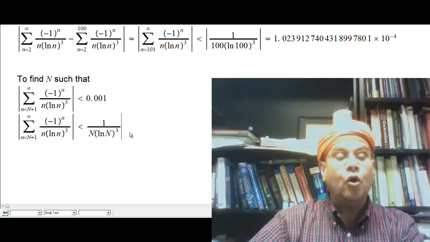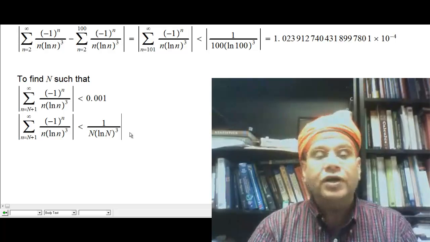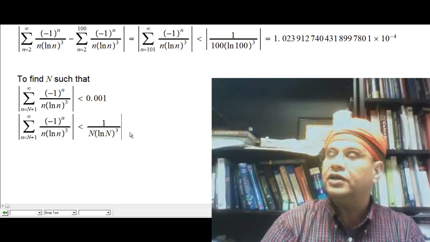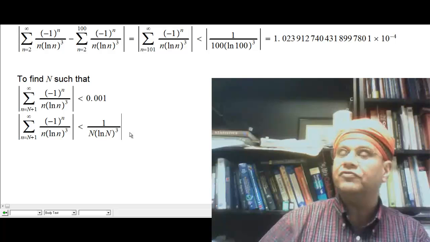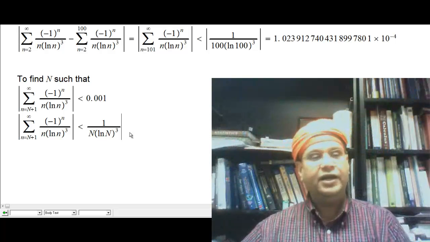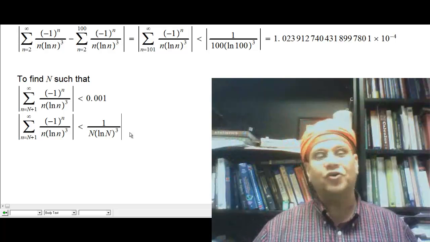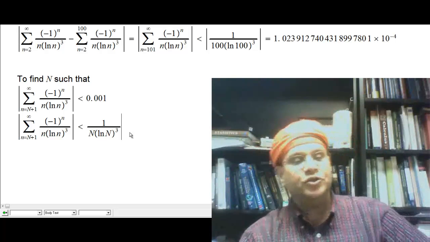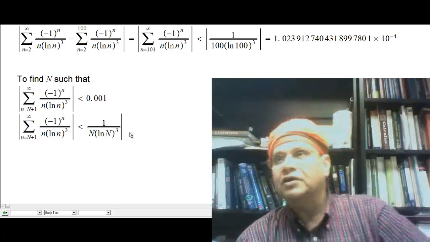Is that clear? That's what the remainder of the alternating series theorem told you, that if you stop adding at the capital nth term, then the leftover is less than the absolute value of the next term.